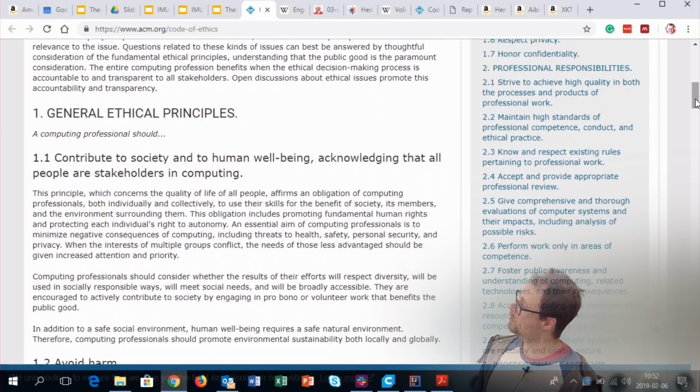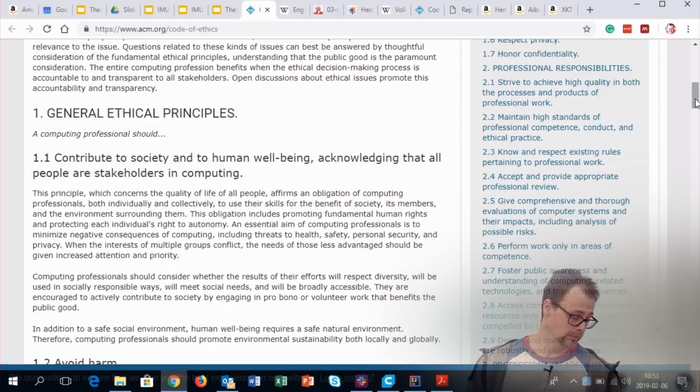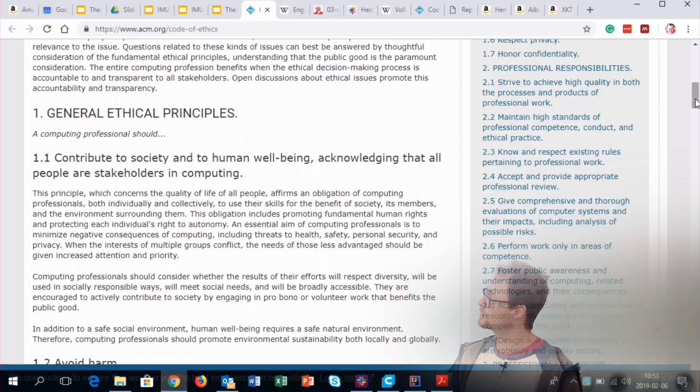Looking at the ethical principles of the ACM, the Association of Computing Machinery, an organization for computer science stuff, their first point here is also contribute to society and to human well-being, acknowledging that all people are stakeholders in computing. Again, society, again, looking out for human well-being and making sure that everyone is thought about when doing computer science stuff.